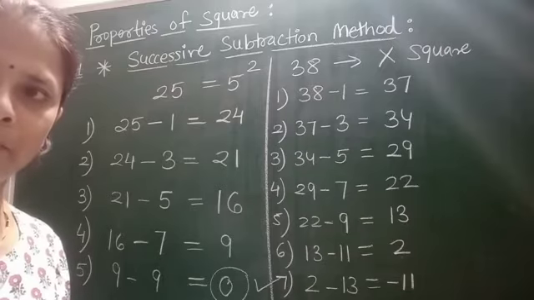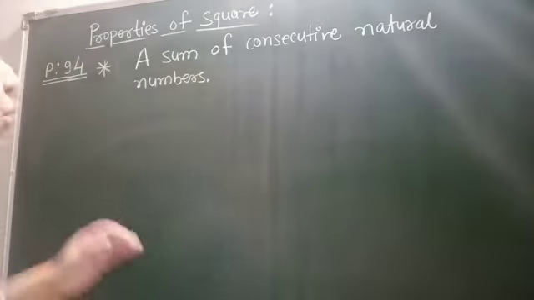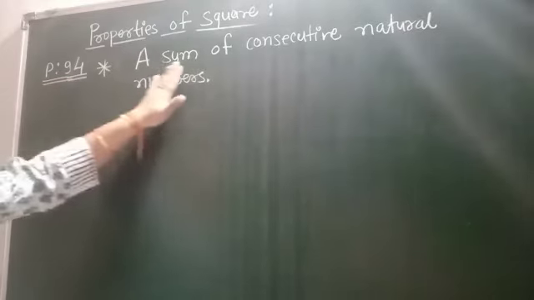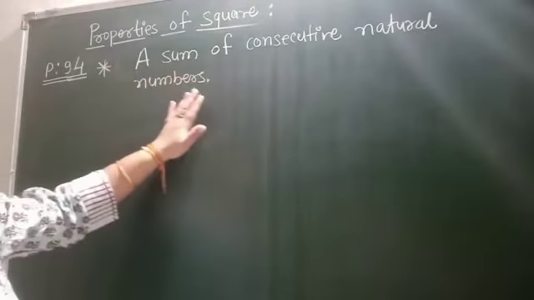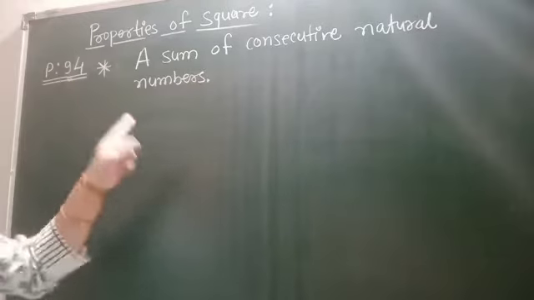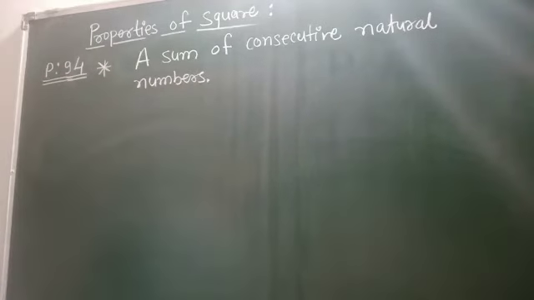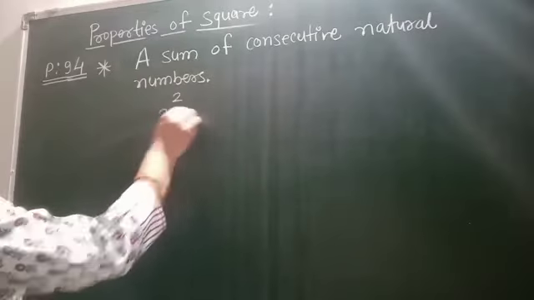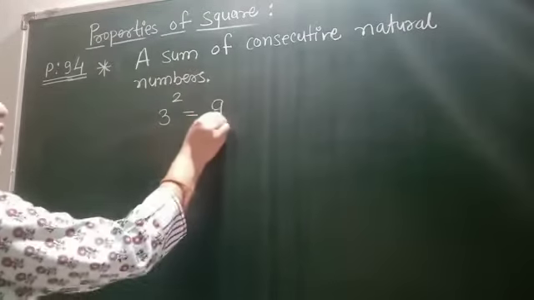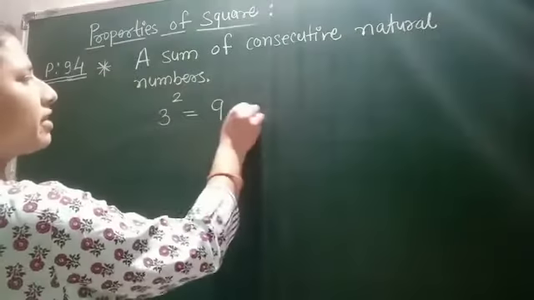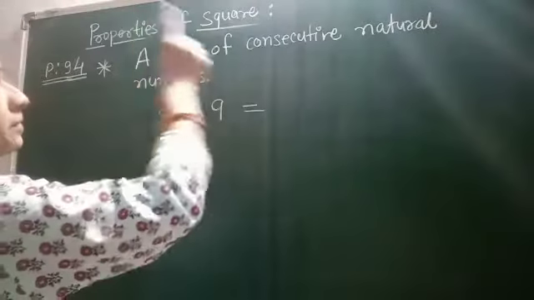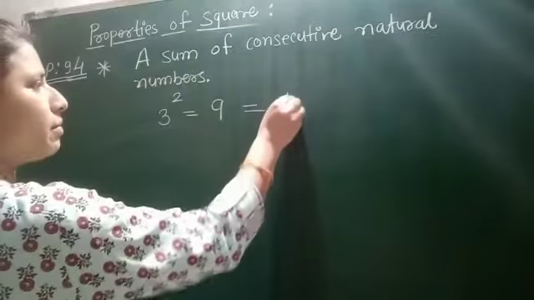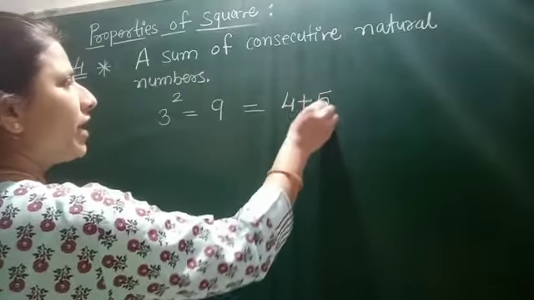Okay student? The next important property is given on page number 94 again, a sum of consecutive natural numbers. Let's take one example, 3 square. As we know student, the square of 3 is 9 and 9 can be written as a sum of consecutive natural numbers and the numbers will be 4 and 5.